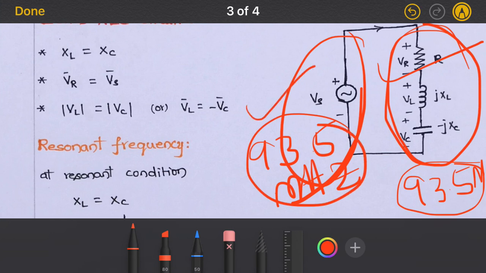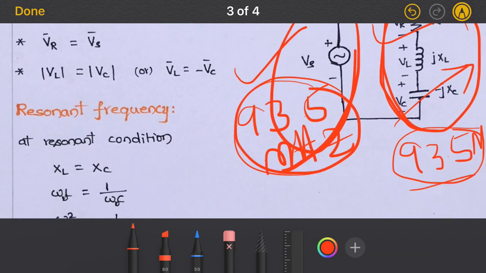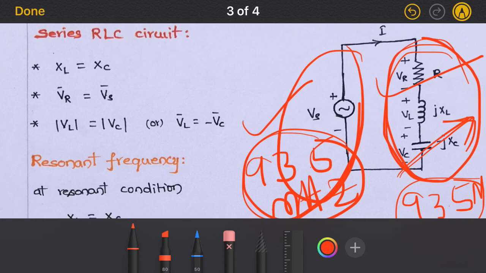Now if you tune your receiver circuit to the same frequency as the transmitter circuit, that is 93.5 megahertz, by changing the capacitor or inductor, generally we change the capacitor. If by changing the capacitor you tune your receiver circuit to 93.5 megahertz, in that case we get maximum quality of sound signal.